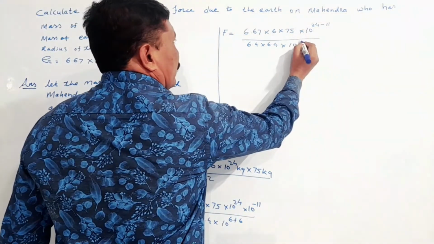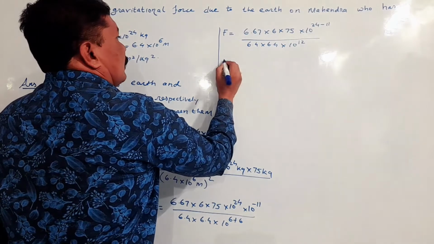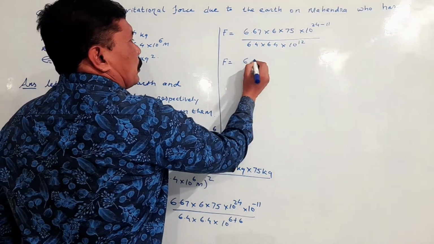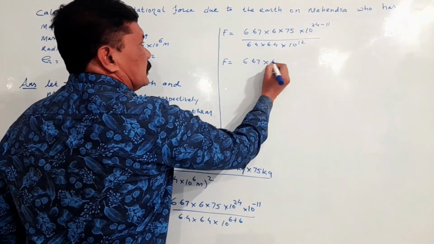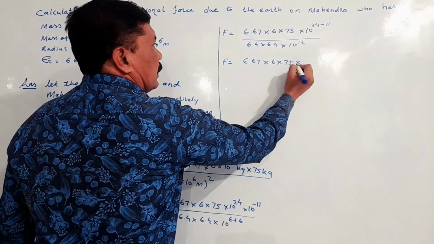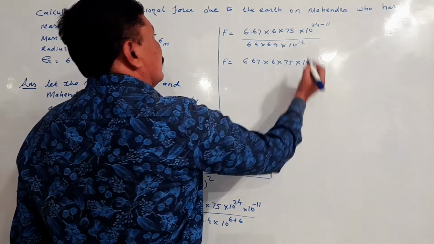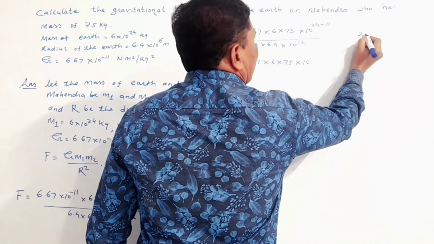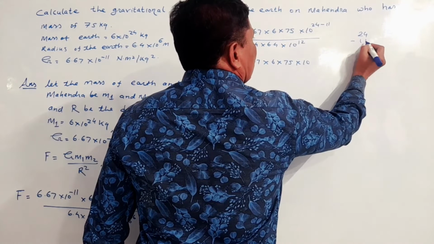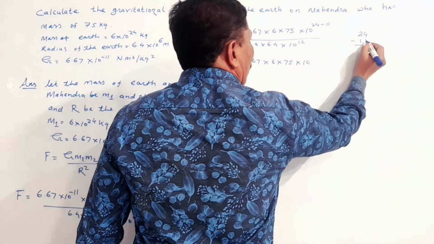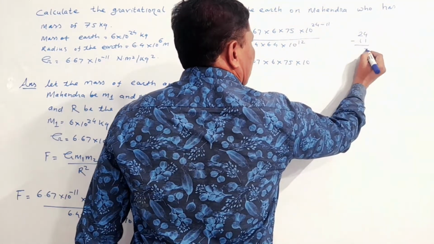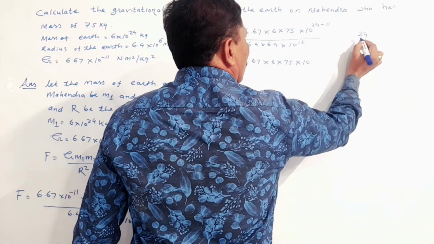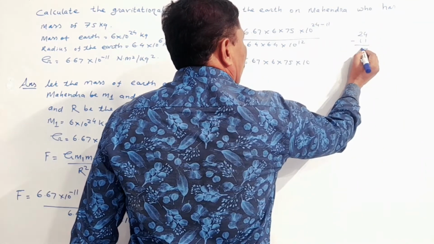So we can write here 12. F is equal to 6.67 into 6 into 75 into 10 to the power 24 minus 11. 24 minus 11, we get 4 minus 1, 3, 2 minus 1, 1.